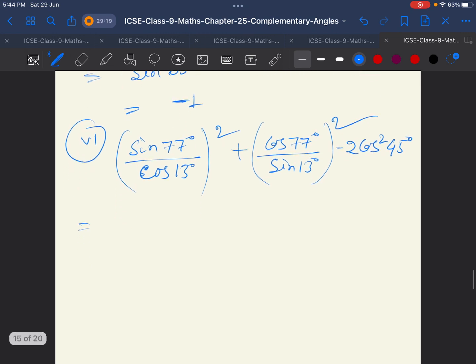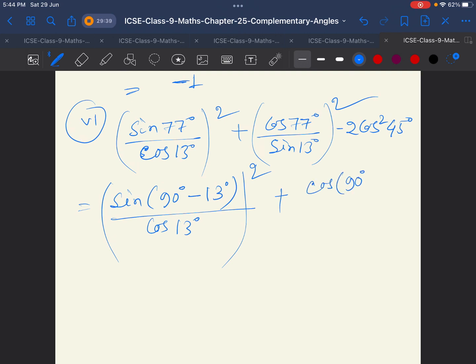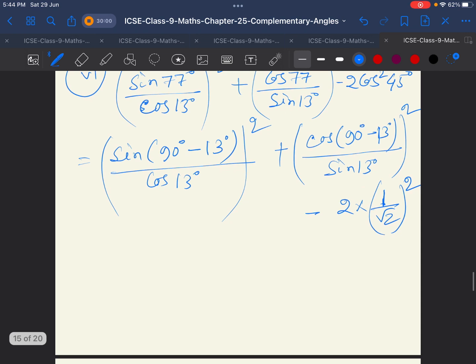We can write sin (90 minus 13) degree by cos 13 degree, whole square, plus cos (90 minus 13) degree by sin 13 degree, whole square, minus 2 into, we know cos 45 is 1 by root 2, its square.